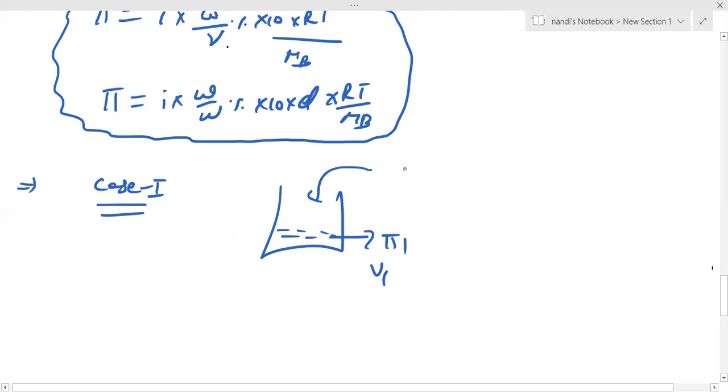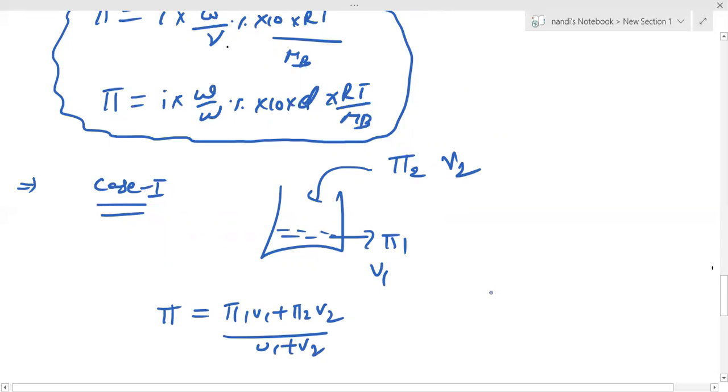I'm adding the same solution, assume pi 2 and V2 volume, and the resulting osmotic pressure equals pi 1 V1 plus pi 2 V2 by V1 plus V2. This is like the resulting molarity, MR equal to M1 V1 plus M2 V2 by V1 plus V2. That is the way we derive this one.